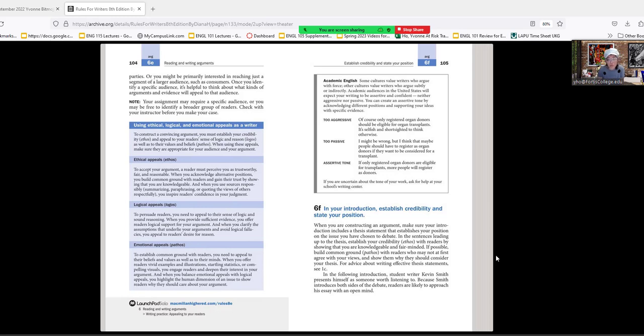So when you are constructing an argument, make sure your introduction includes a thesis statement that establishes your position on the issue you have chosen to debate. In the sentences leading up to the thesis, establish a credibility, ethos, with readers by showing that you are knowledgeable and fair-minded. So that's ethos. And then, if possible, build common ground.